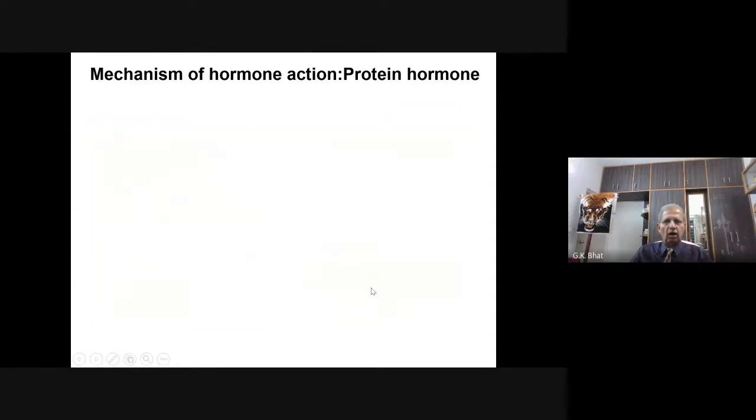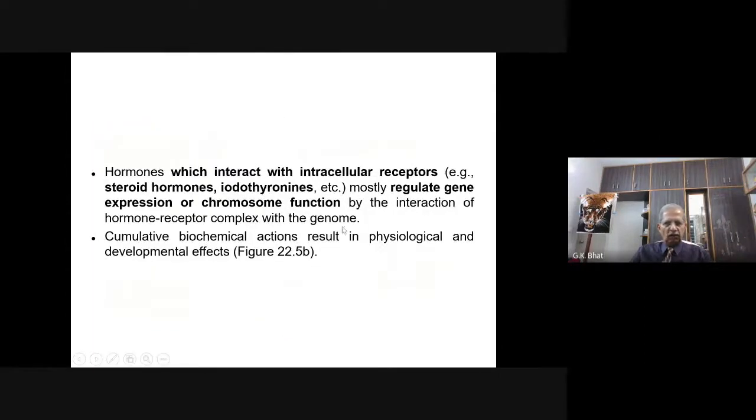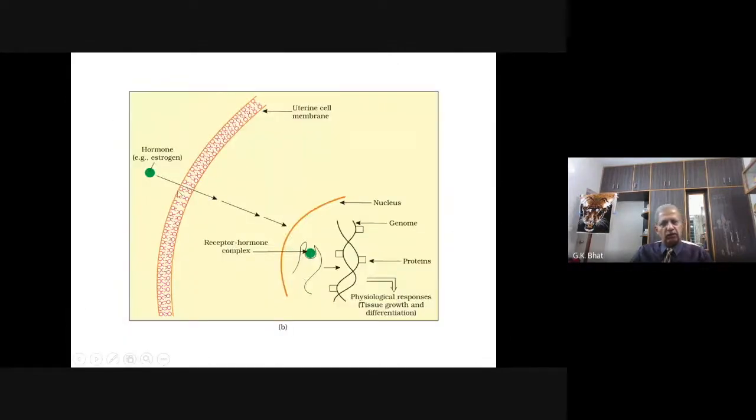Now, I have already mentioned that. Now let us see this. Look here. This is what happens with regard to steroid hormones. Steroid hormones like estrogen or testosterone can pass through the plasma membrane. They enter the cytoplasm and pass through to the nuclear membrane.